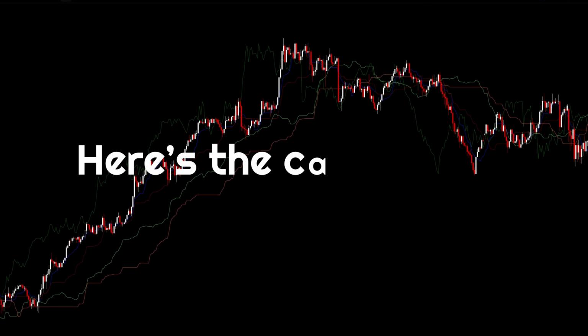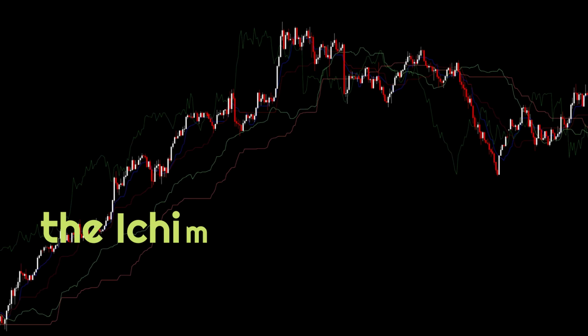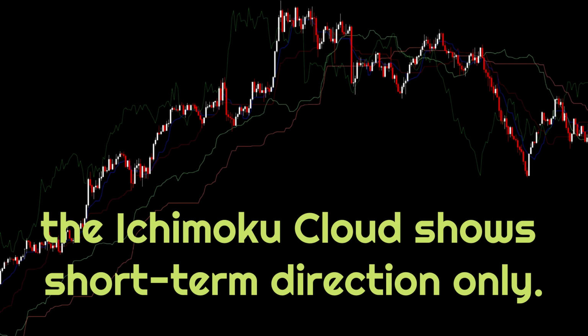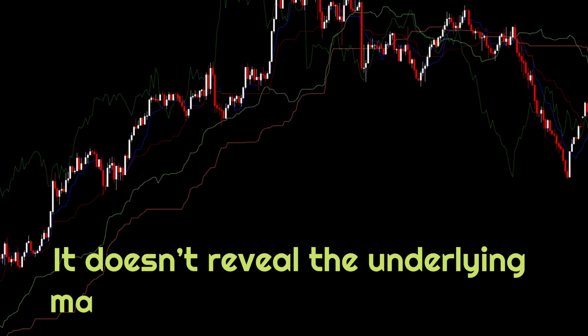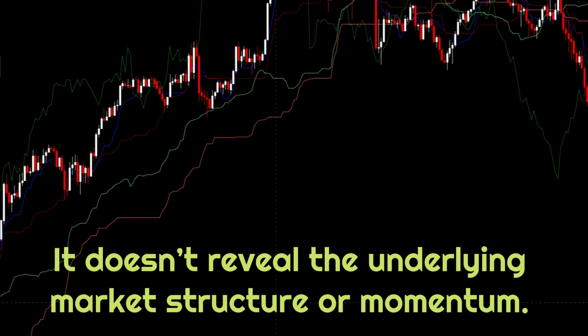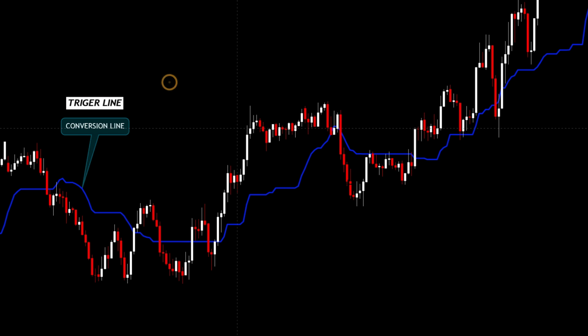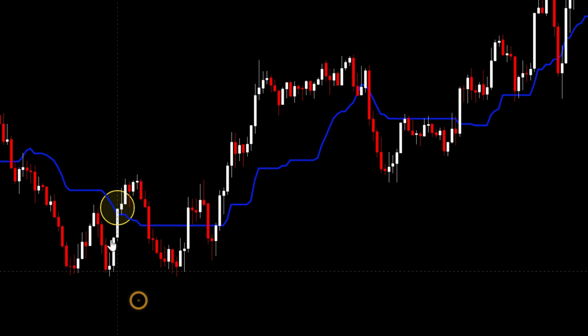And here's the catch most traders miss. The Ichimoku cloud shows short-term direction only. It doesn't reveal the underlying market structure or momentum. If you ignore structure, you end up buying every minor pullback in downtrends, and that's where accounts get wiped.